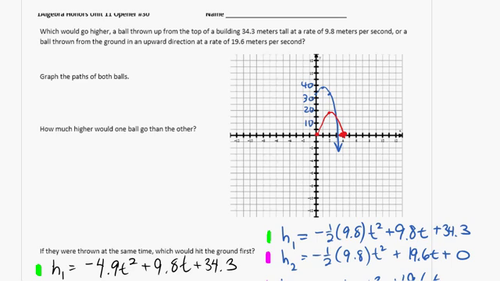How much higher would one ball go than the other? Well, one went up to 38.2 and the other went up to 19.6, so I'll subtract those to get 18.6 meters higher.